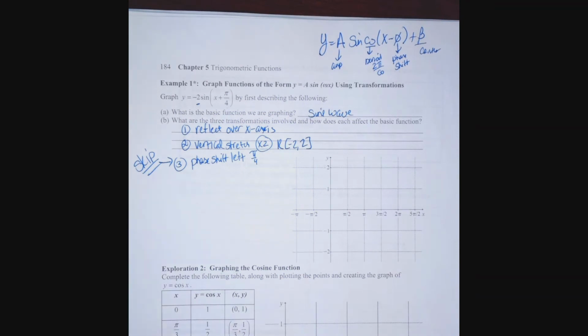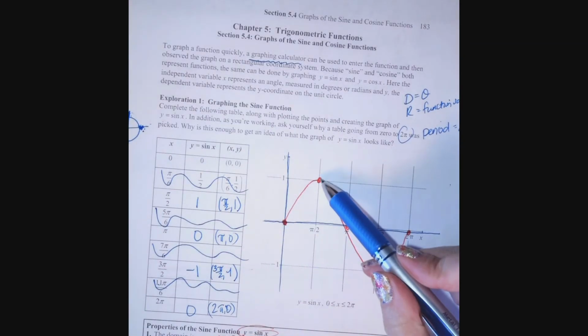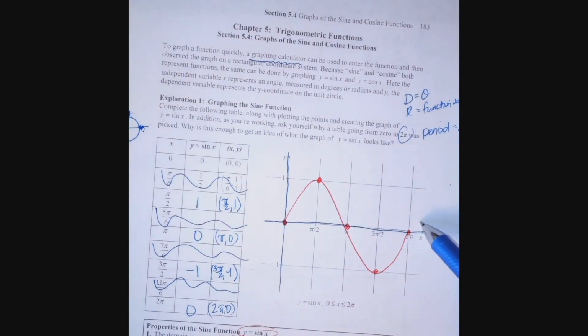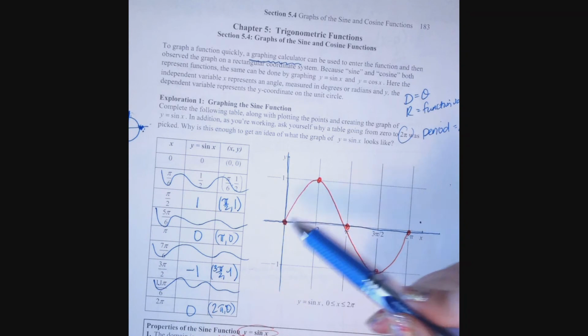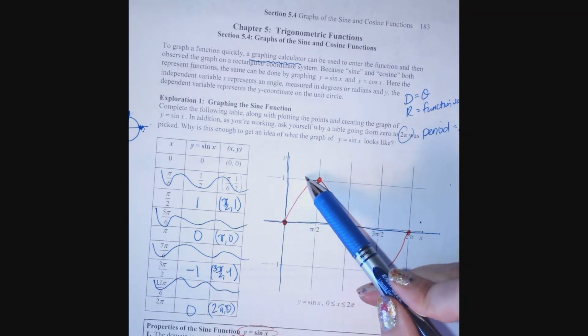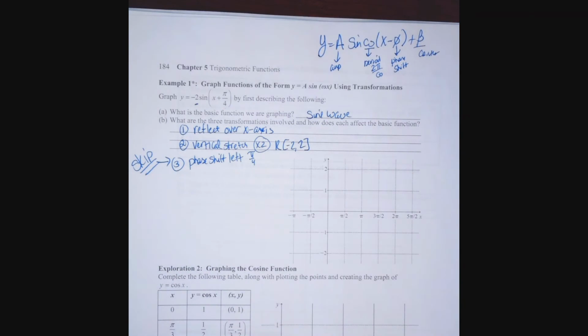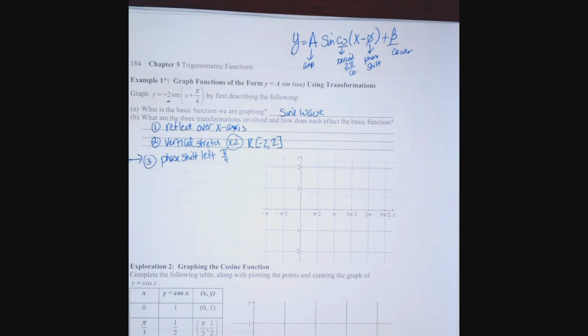Okay, so think about our last graph. We started at center. Let me pull that back out. We started at center. We went peak, center, trough, center. This time, we're still going to start at center, but it's going to be reflected. So instead of center to peak, we're going to go center to trough. And my peak and trough aren't going to be at 1. My amplitude has been extended to 2.